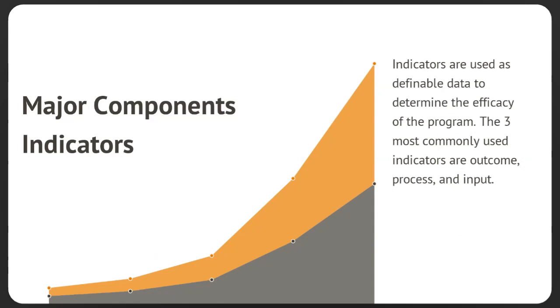The process: how these indicators can tell us what is being done step by step. Is it following the necessary protocols to make sure the process is being done correctly, or is it off and we need to make changes? And input: what data is being put into the research to make sure that the research is correct and efficient. And those are some of the indicators.